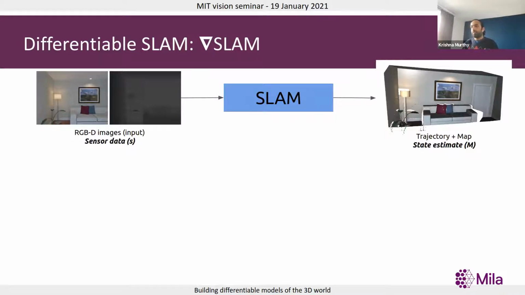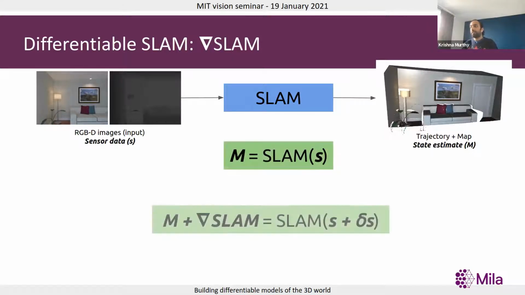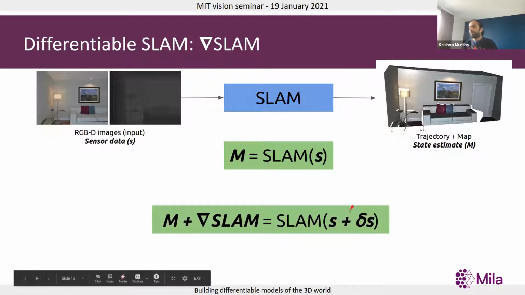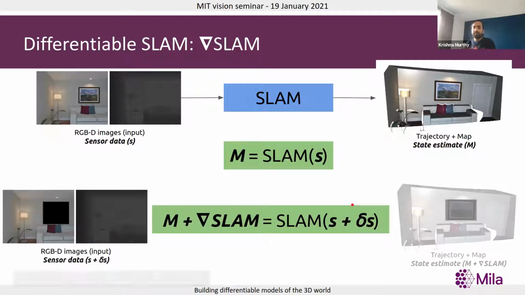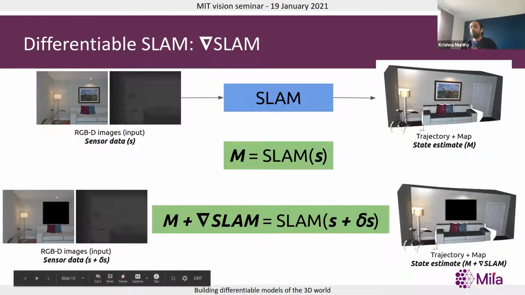If you view this function as a differentiable operation, what that would mean is if you perturb your sensor data by a tiny delta S, your map will change by the gradient of SLAM with respect to delta S. And this is the one slide key idea of why we want to do GradSLAM.